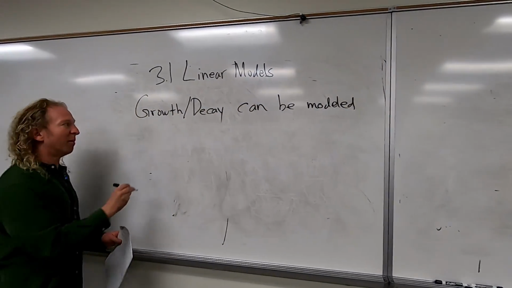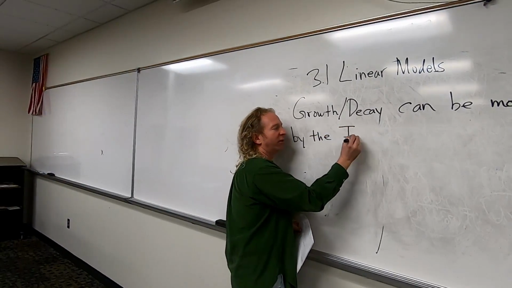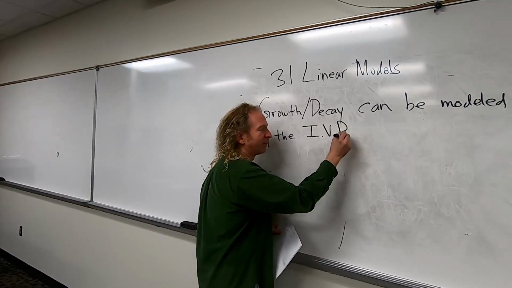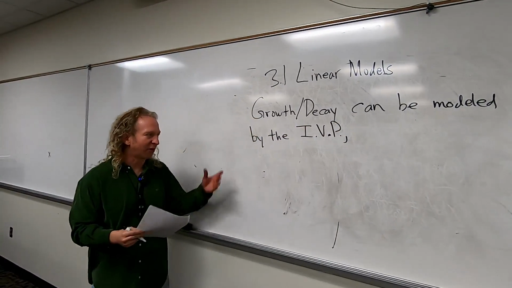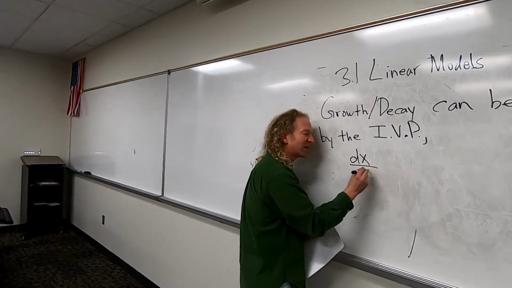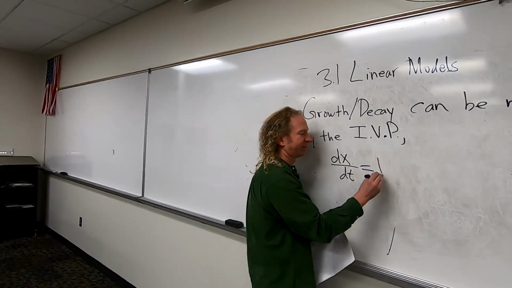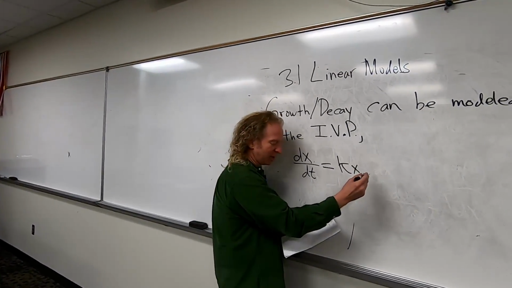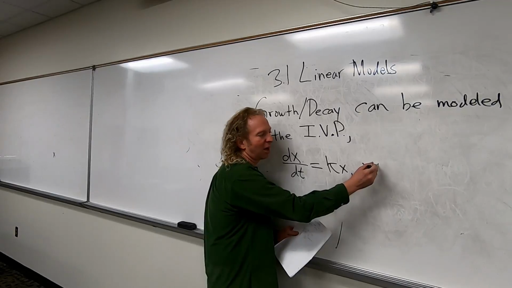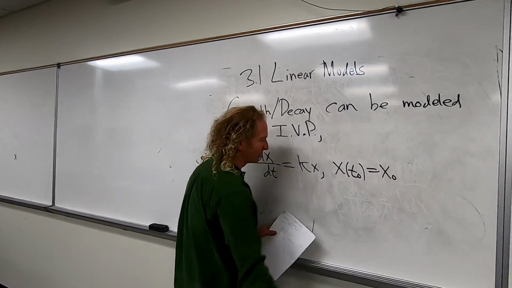It can be modeled by the initial value problem, and I'll explain what growth and decay mean. dx/dt equals kx, where the initial condition would be x(t0) equals x0.